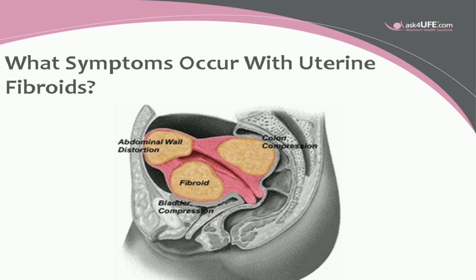If they're on the anterior or front side of the uterus, they can push against the bladder and cause urinary frequency, or the need to constantly go to the bathroom. If they're a little higher up towards the superior aspect of the uterus, they can cause abdominal wall distension. So it really depends where they're located. The location will determine the symptoms.